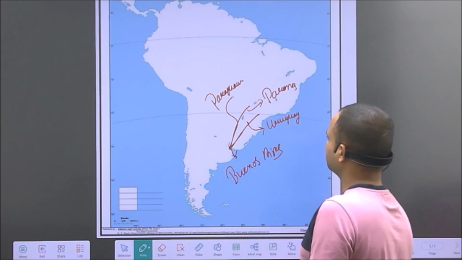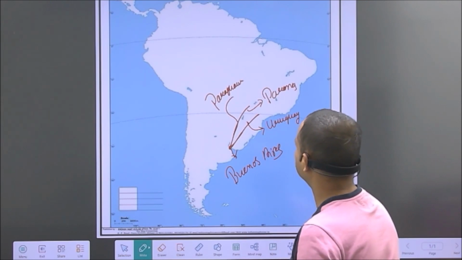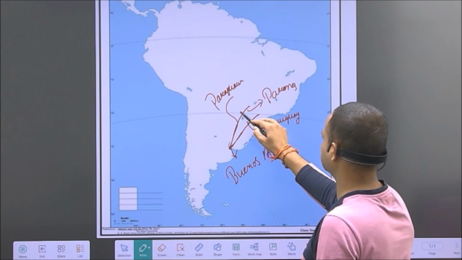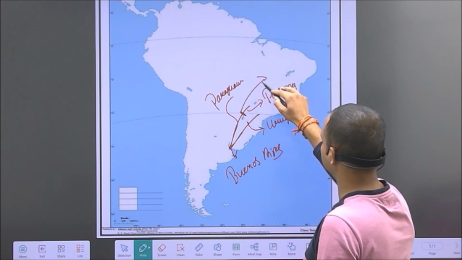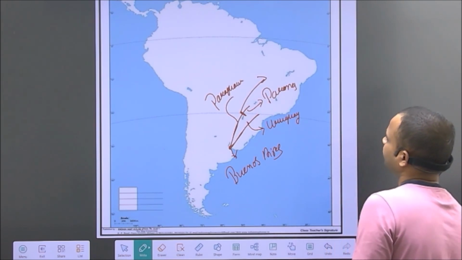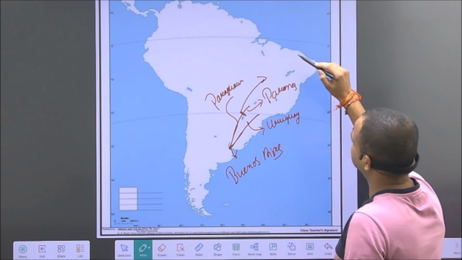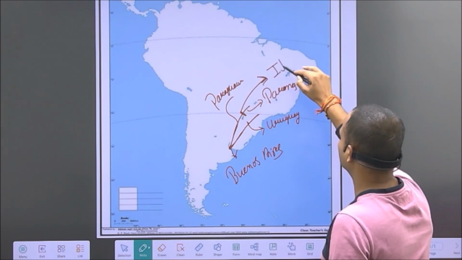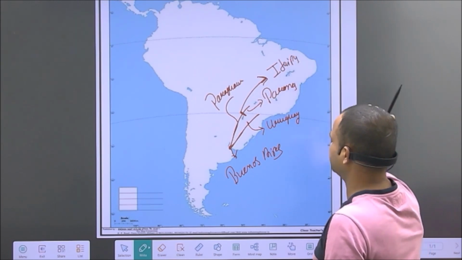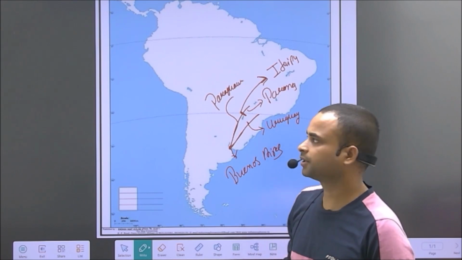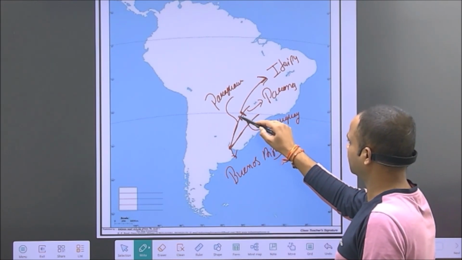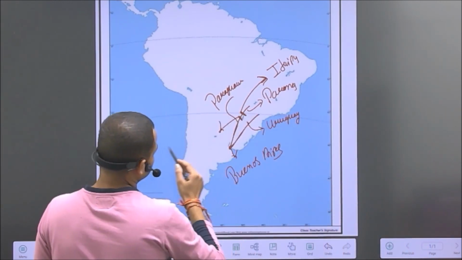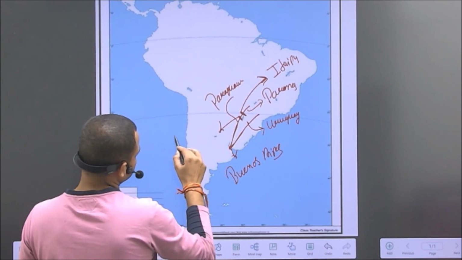On the Parana River, the largest dam of South America is situated, which is called Itaipu. Itaipu is the largest dam of South America, and after Itaipu on the Parana River, the Iguazu waterfall is situated.